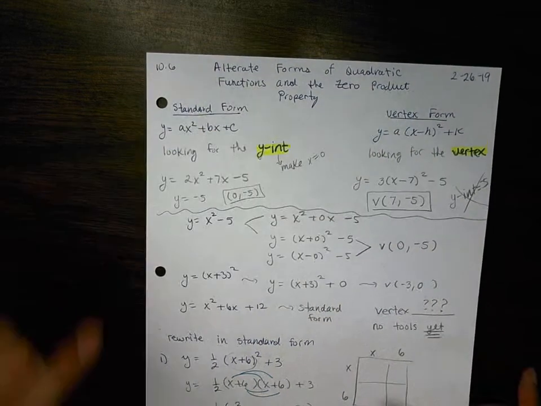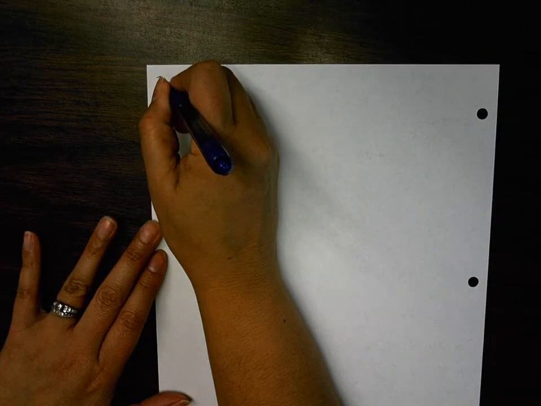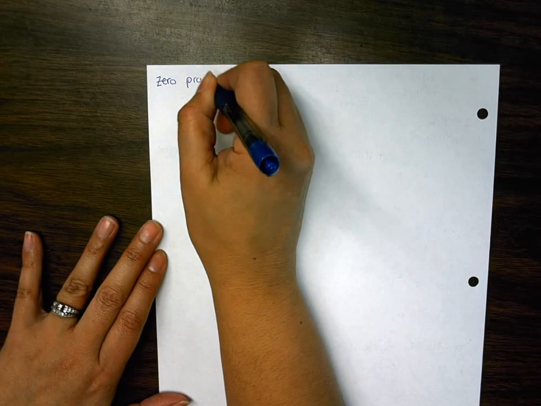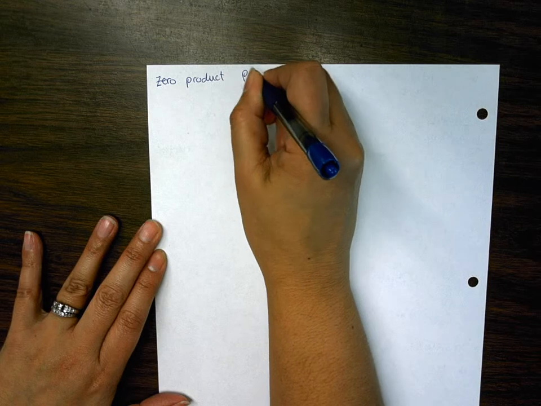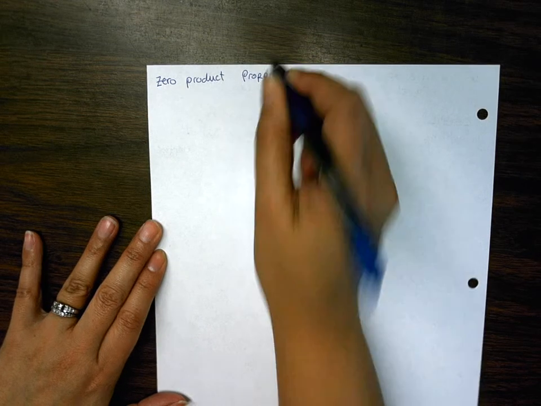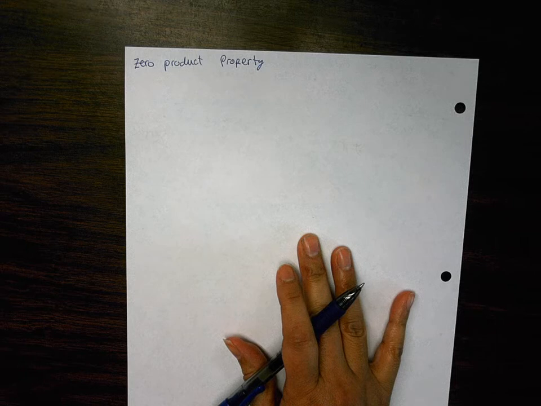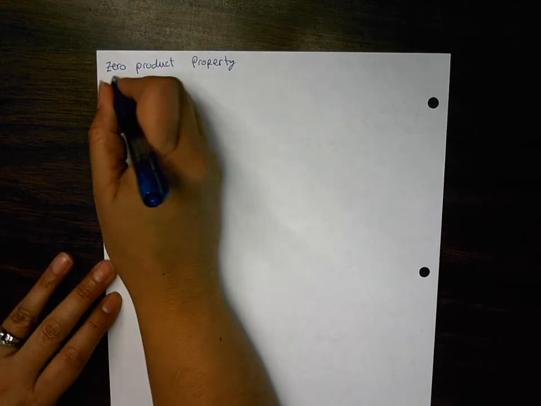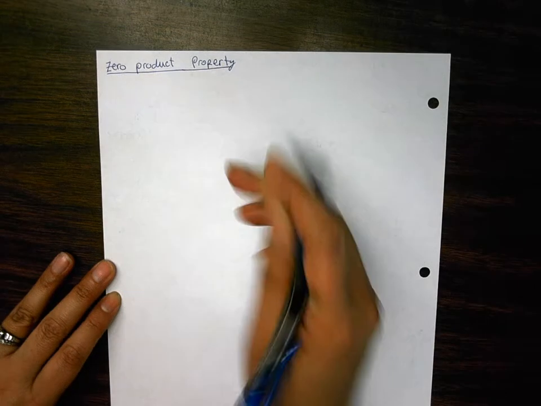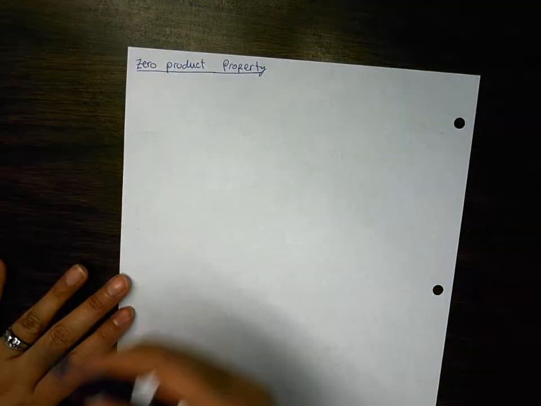Second piece, the zero product property. All right. This is something you've heard before. We're going to use it though today to help us solve.